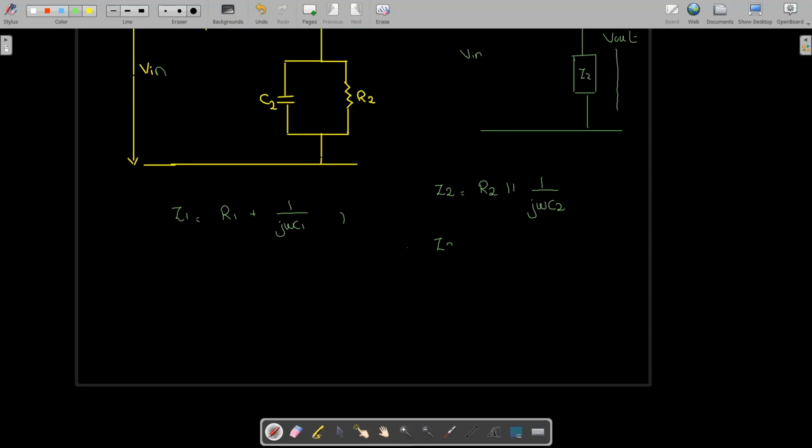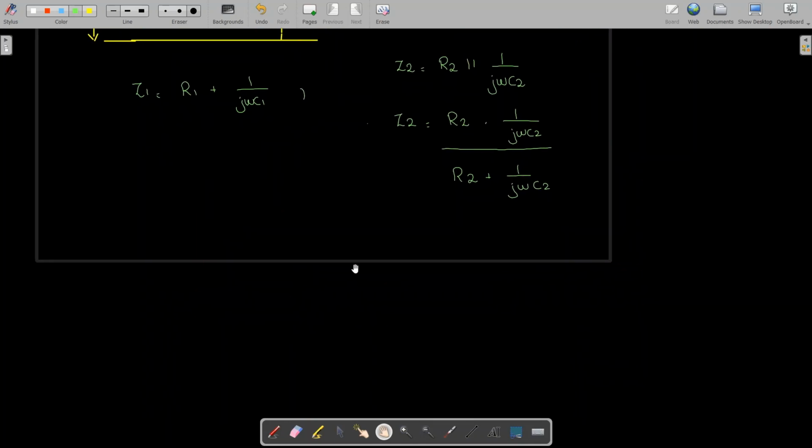We multiply both, so we have R2 multiplied by 1 divided by j omega C2 divided by the addition of both, that is R2 plus 1 divided by j omega C2. Okay, let us solve it. We are going to have Z2 is equal to R2 divided by j omega C2, and now we are going to take the LCM.